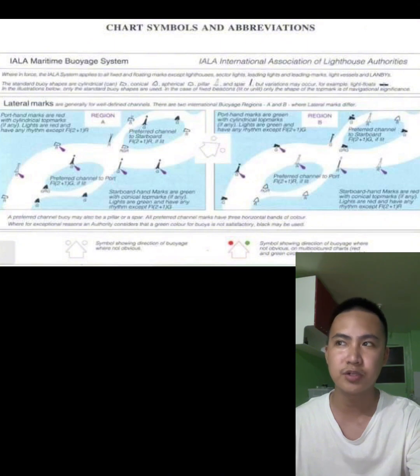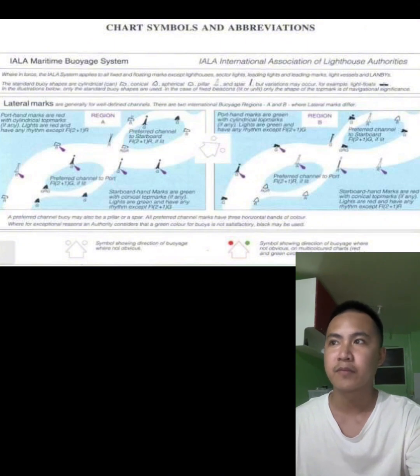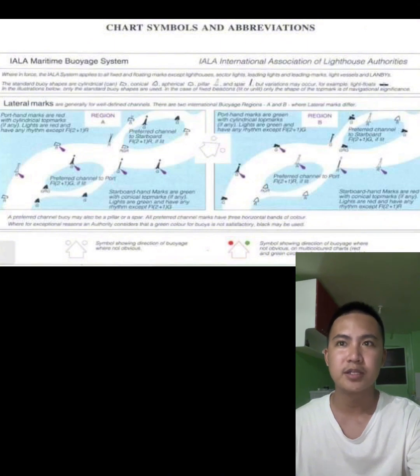In the illustration below, only the standard buoy shapes are used. In the case of fixed beacons, lit or unlit, only the shape of the top mark is of navigational significance.